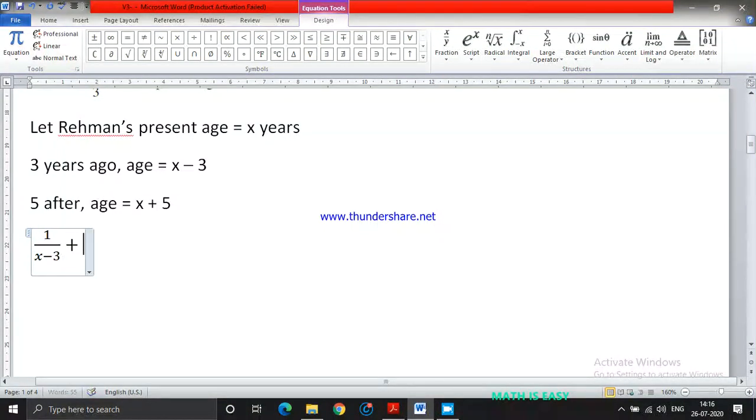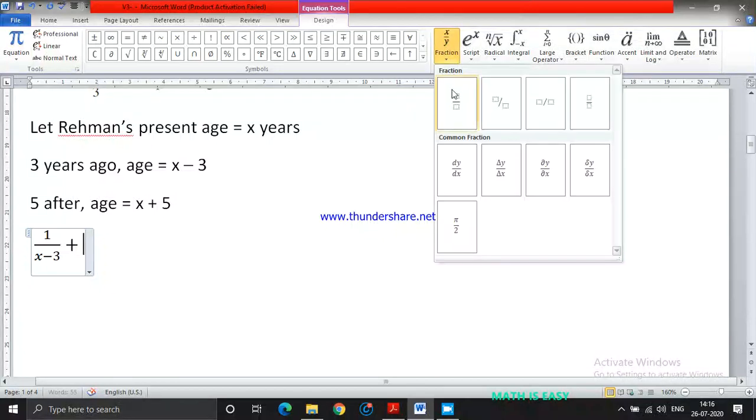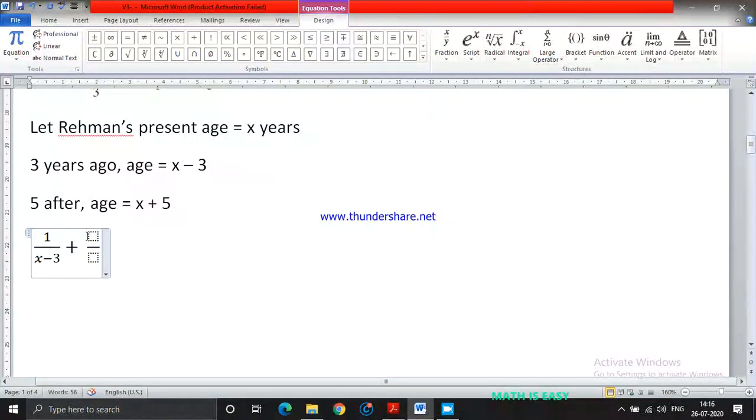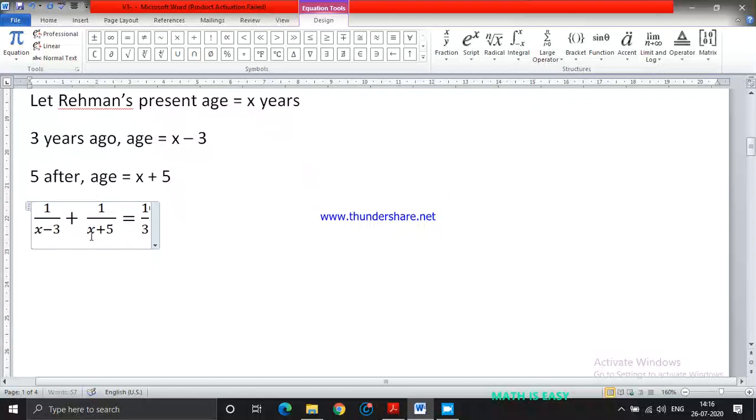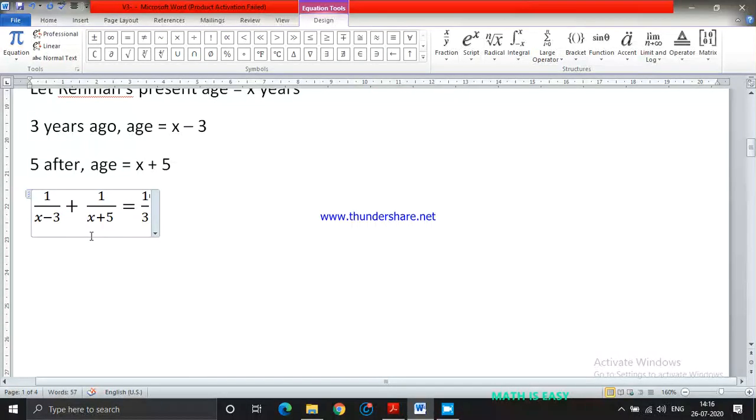Sum means plus reciprocal of age after 5 years, that is 1 upon x plus 5. What is the sum given? 1 by 3.